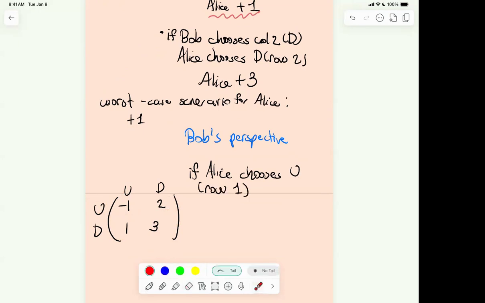Bob works the other way. Bob loves negative numbers, or the smallest numbers possible. So Bob would choose column one because that's where he would get a negative one. So Bob chooses column one.